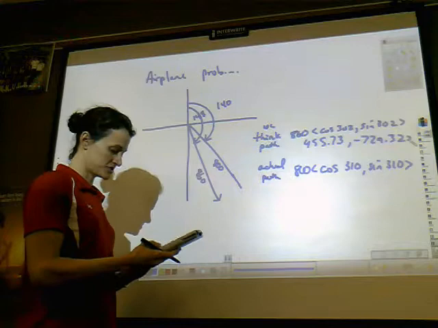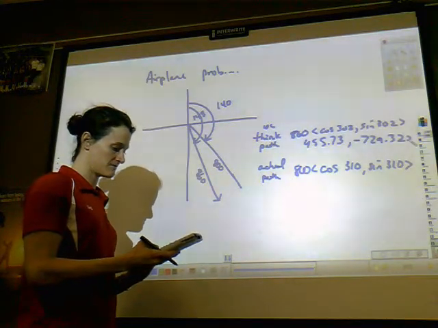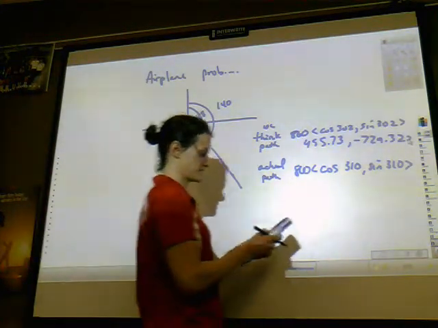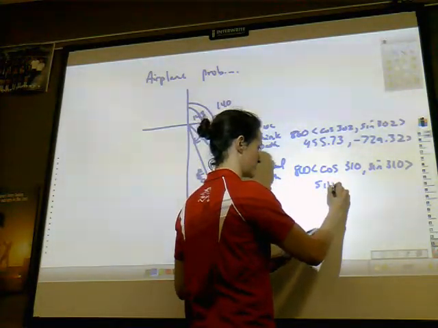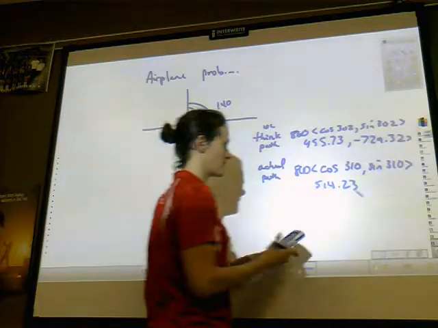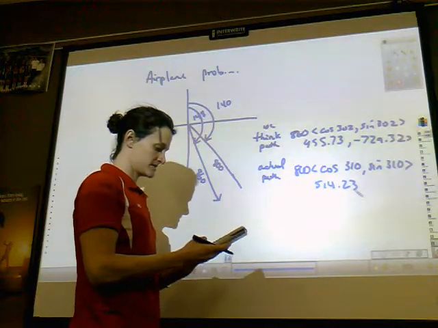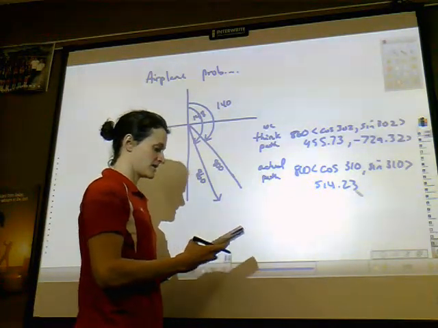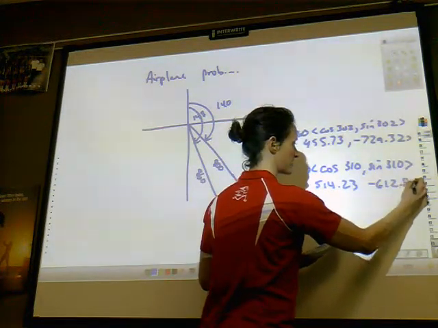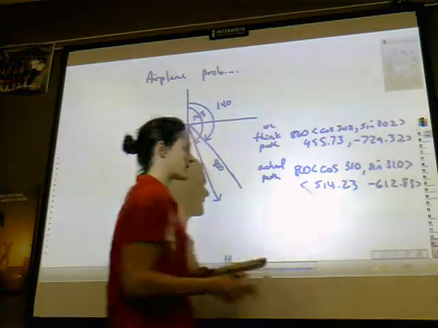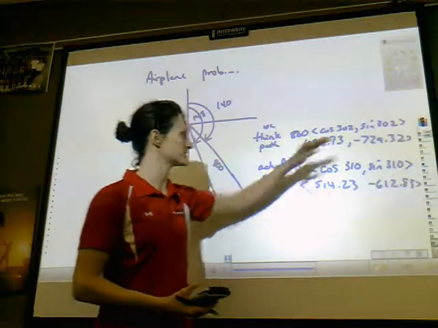Okay, my next calculation is 800 times the cosine of 310. That's 514.23, and then 800 times the sine of 310 gives me negative 612.83.